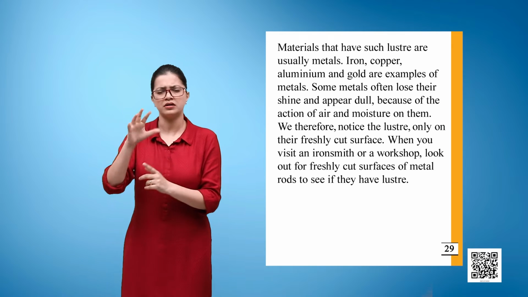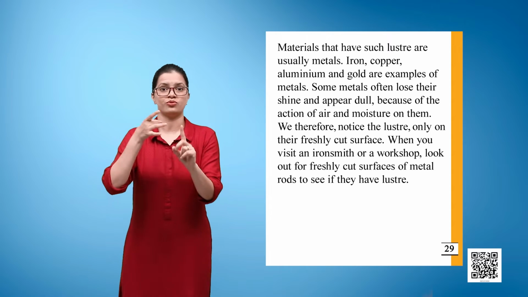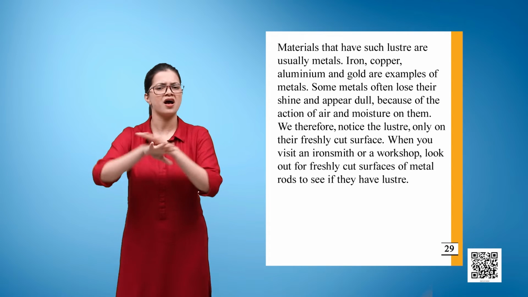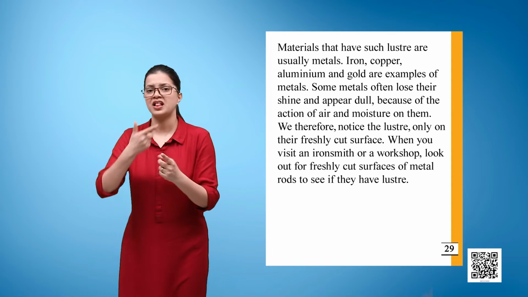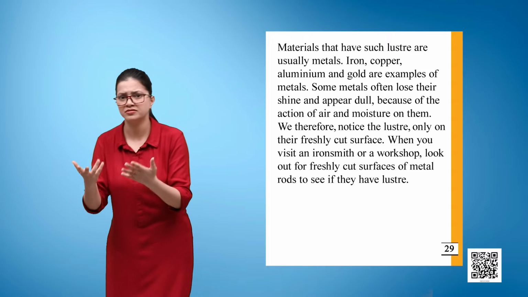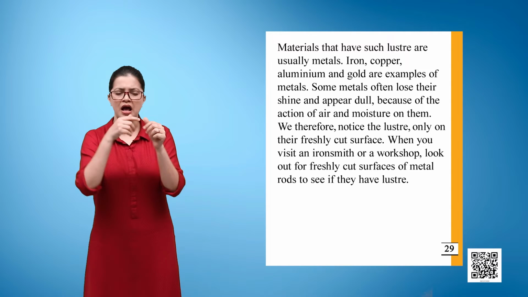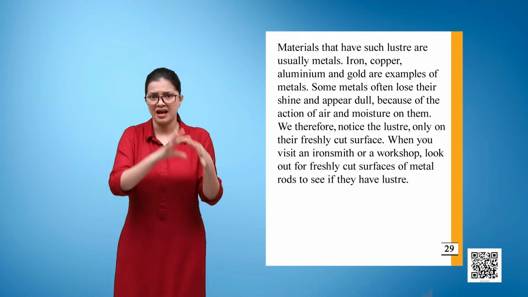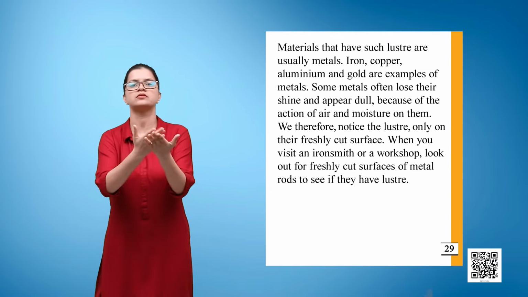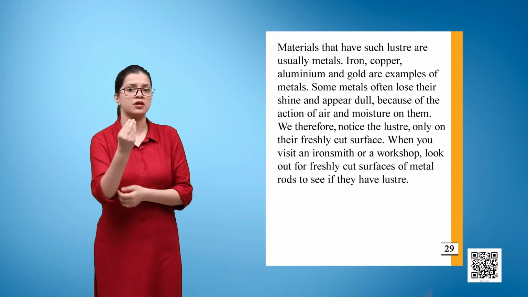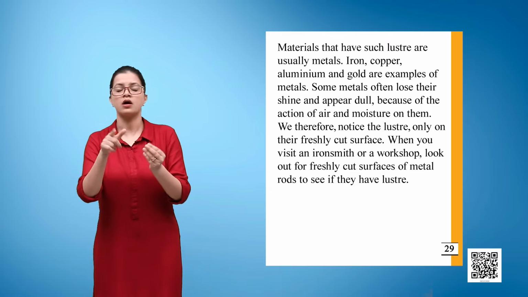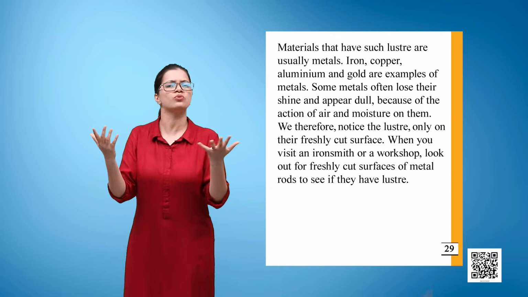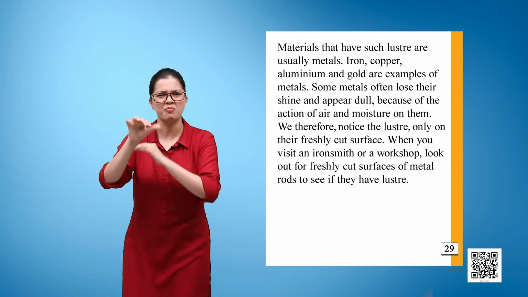Materials that have such luster are usually metals. Iron, copper, aluminium, and gold are examples of metals. Some metals often lose their shine and appear dull because of the action of air and moisture on them.